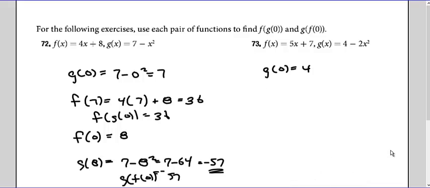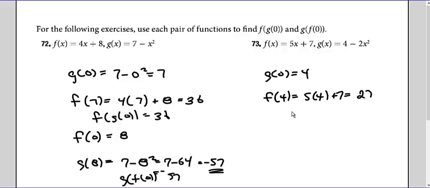Okay. Let's start that one over completely again. So we're going to do g of 0. g of 0 is 4. Then we do f of 4. So that's 5 times 4 plus 7, which is 27, and therefore f of g of 0 is 27. And then down here we do f of 0 first instead of g of 0. So f of 0 is 7.